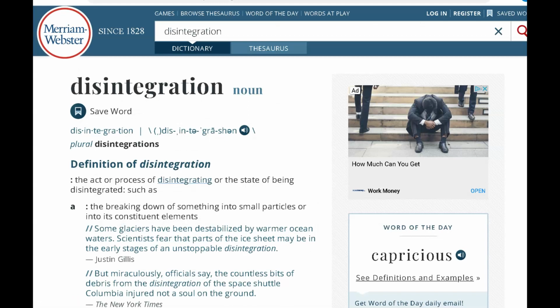We are back to our very familiar Merriam-Webster dictionary, and we already know how to use it. And this is the word, disintegration. All right, so pretty much to disintegrate means to break down something, right? So when we say an isotope is disintegrated, it decayed, it is broken down, and we don't have it anymore.